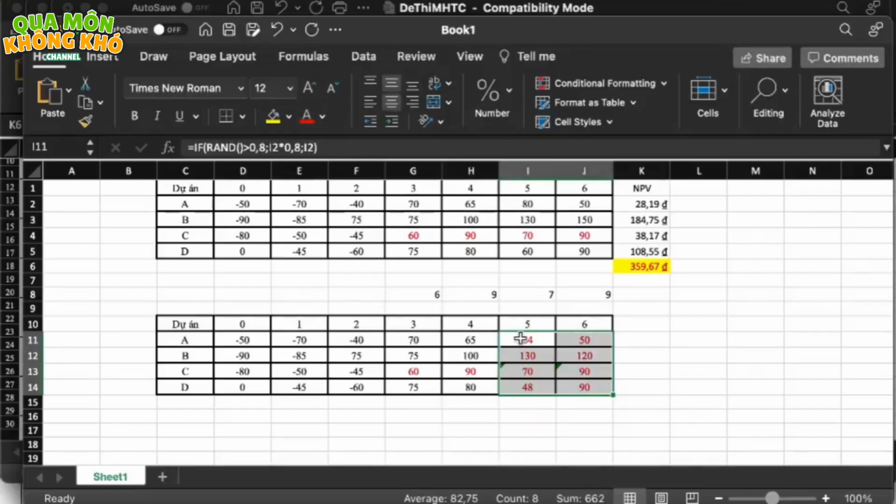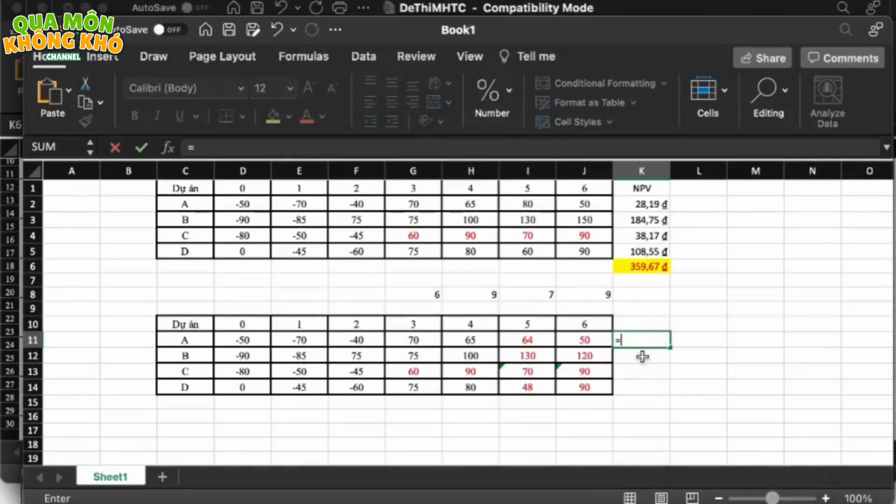I will mark a red color for all of the random numbers we have in this situation. And now we just calculate the NPV again.